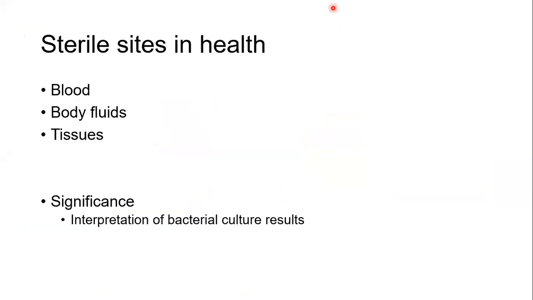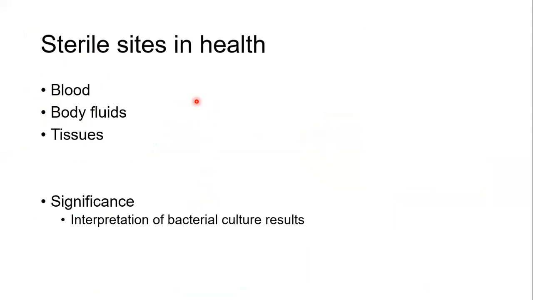Okay, so all these areas have bacteria on site after birth. But then the blood is sterile, body fluids are supposed to be sterile, and tissues are supposed to be sterile. And why do we need to know that? So you'll see a patient, you take a blood sample, it comes back with a growth of whatever microorganisms. Now, decisions are usually based on what the normal is.